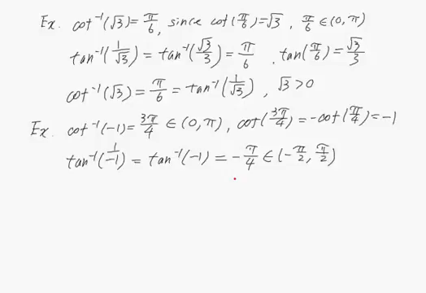Okay. Now, let's see the relationship between the inverse cotangent of -1 and the inverse tangent of 1 over -1. So this just implies you have the inverse cotangent of -1, which is equal to 3 pi over 4, right? And this is the same as pi plus negative pi over 4, and this is equal to pi plus the inverse tangent of 1 over -1.